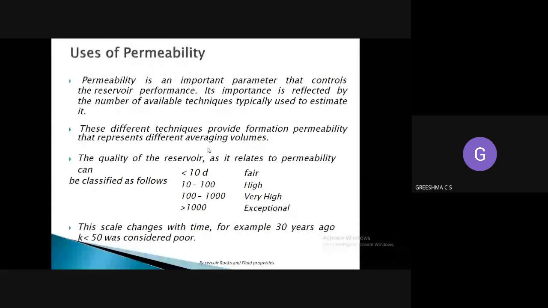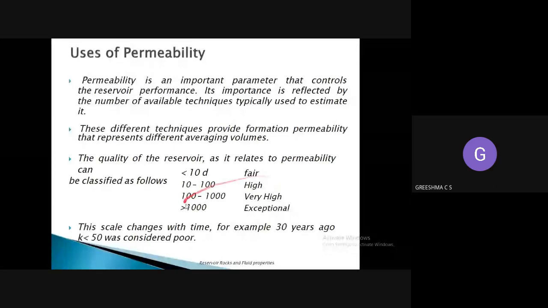You can see that the quality of a reservoir is actually related to the permeability. There are different types of reservoirs, and we call the reservoir based on its permeability. If it is permeable more than 10 D, it is called a fair reservoir. If the permeability is between 10 to 100 D, it is a high performance reservoir.